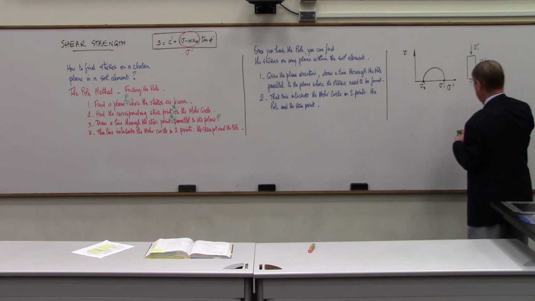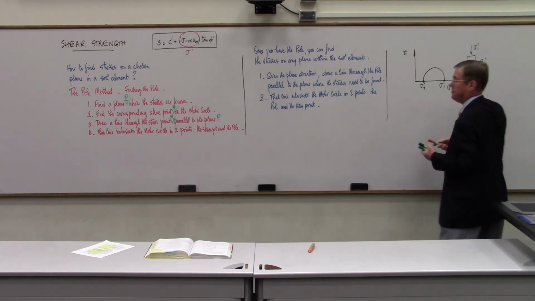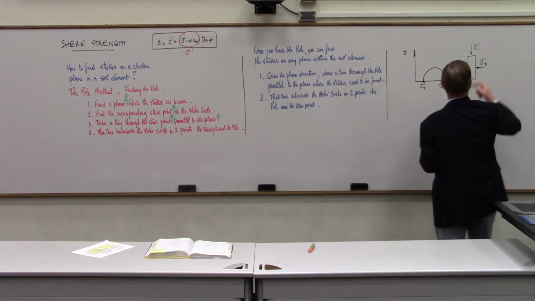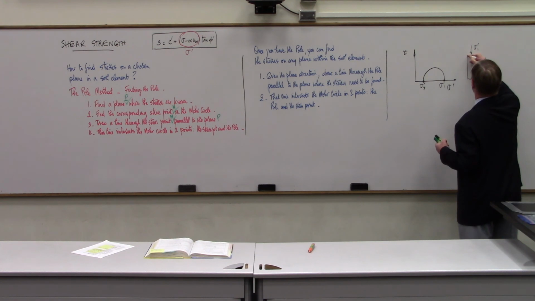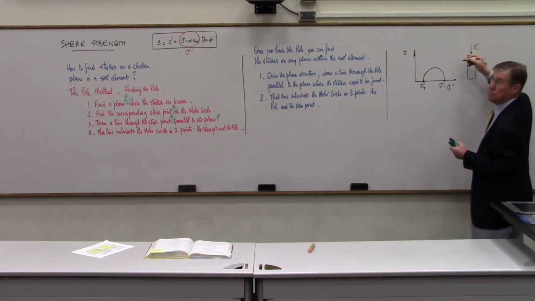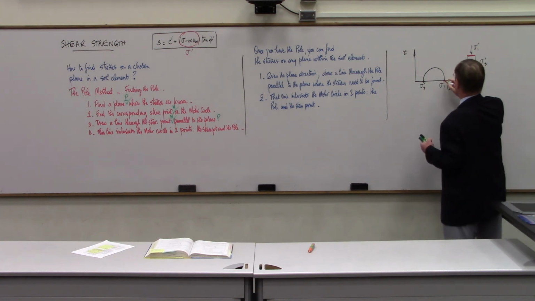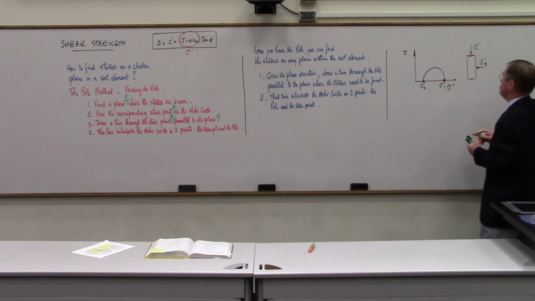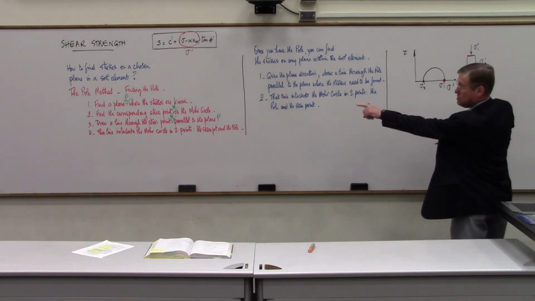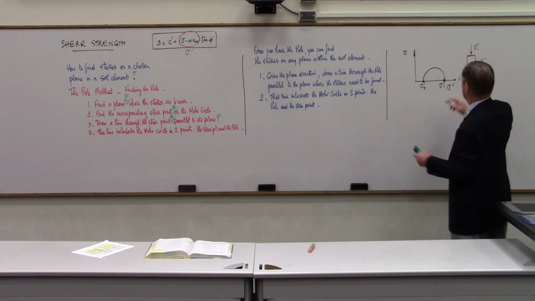And I say, all right, to find the pole, find a plane where the stresses are known. Well, on this plane here, I know that the stresses are sigma prime 1 and 0. So this is the point that corresponds to that particular plane right here. And then it says, find the corresponding stress point on the Mohr circle.